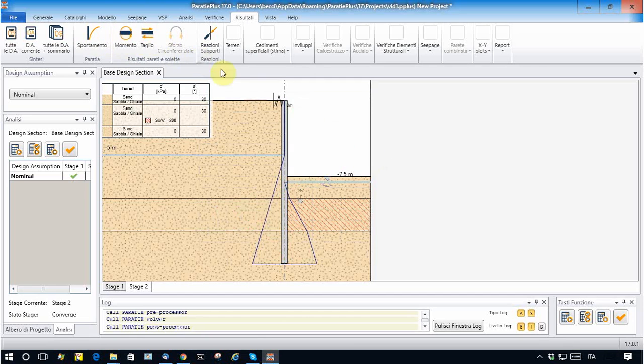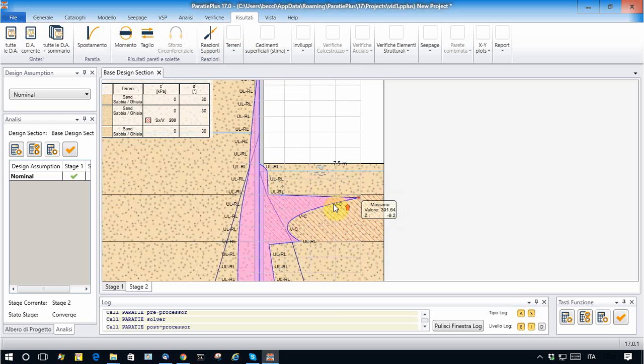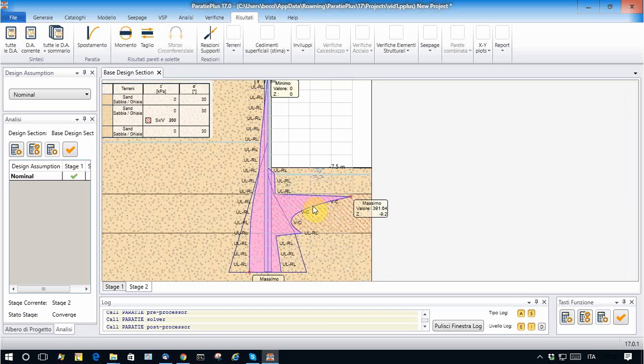We can see that the effective lateral pressure has a stress jump here. This is due to the much stiffer reaction of the soil springs here.